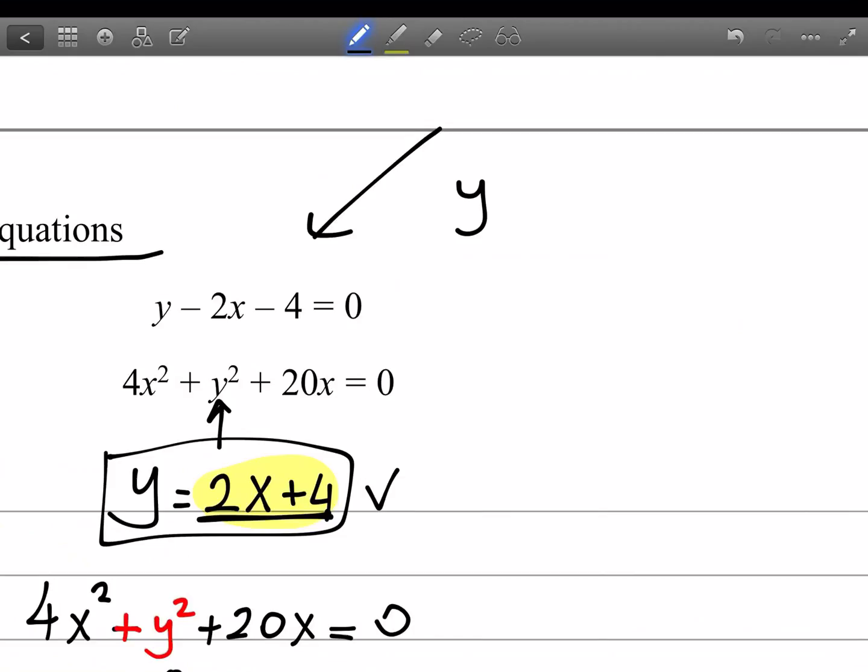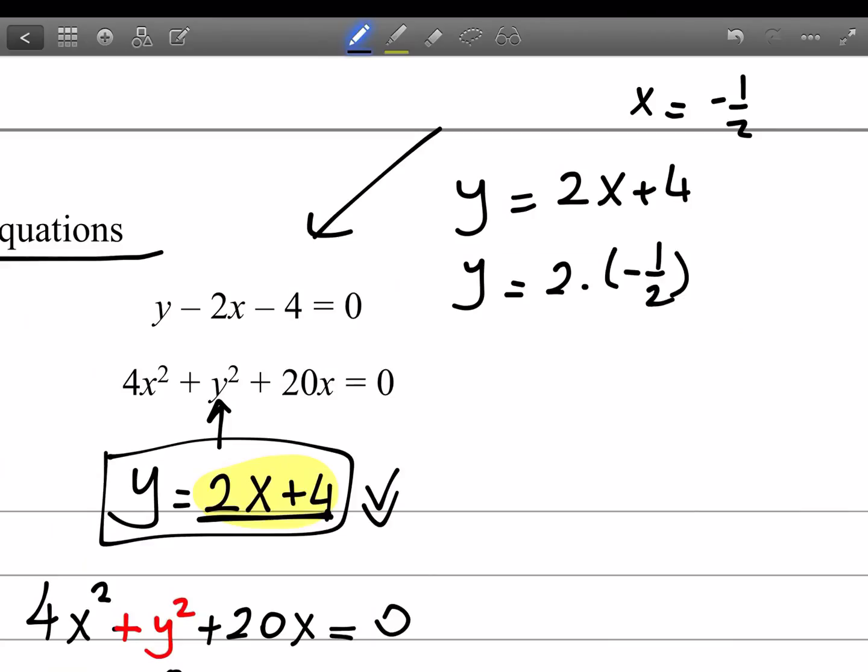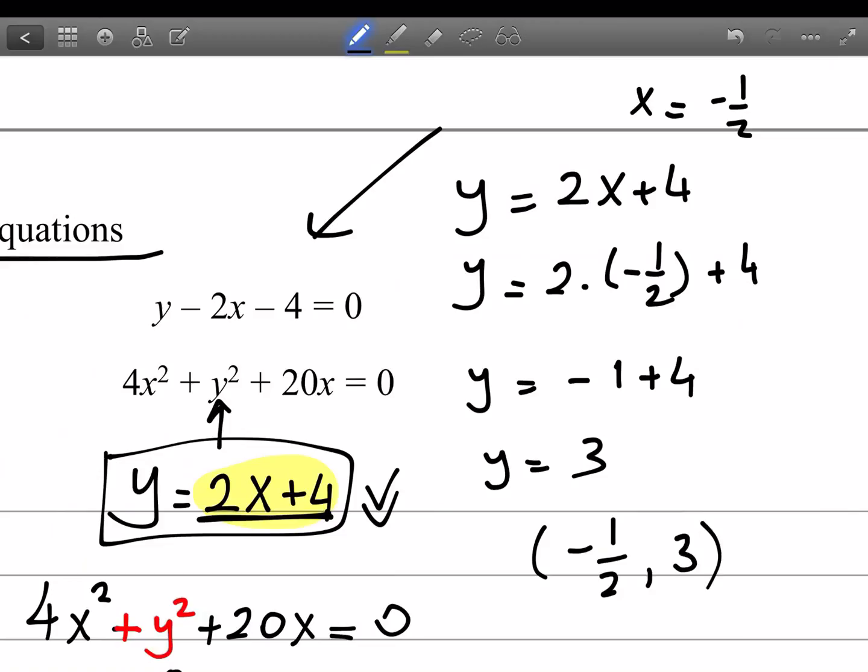y is equal to 2x plus 4, as we did here. If x is minus 1 over 2, then y will be 2 times minus 1 over 2 plus 4. y is equal to 2 times minus 1 half, which is minus 1, plus 4. y will be positive 3. Then the solution will be minus 1 half and 3.